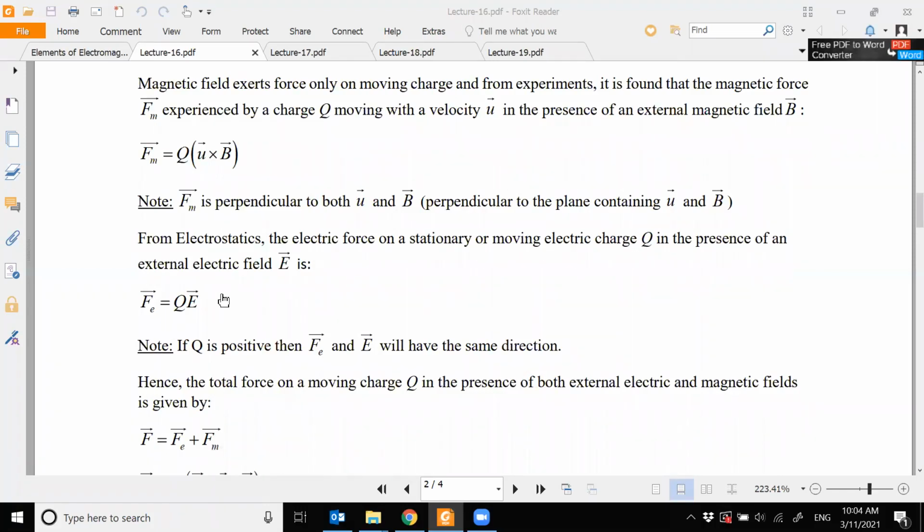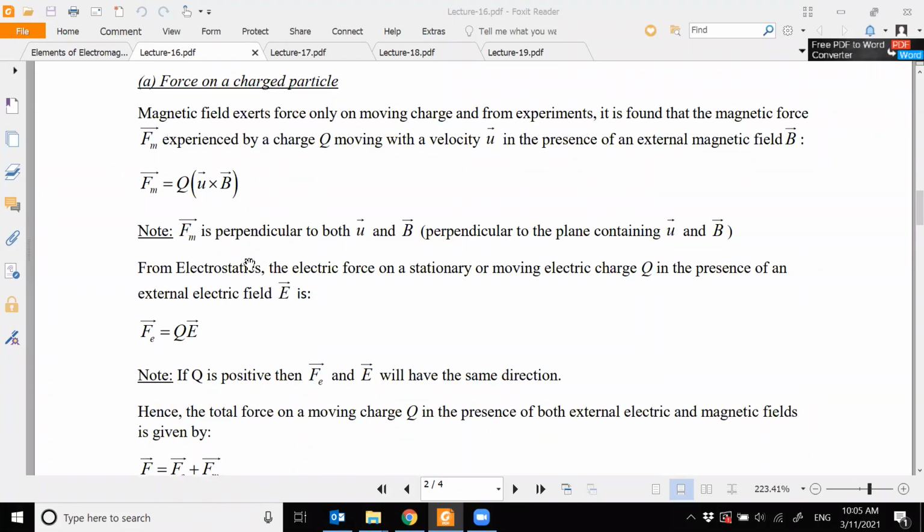So it doesn't depend on the velocity. It just follows E, because wherever your electric field is, along that direction your charge will be moving if it is a positive charge. If it is a negative charge, then the force will be negative and it will be in the opposite direction.